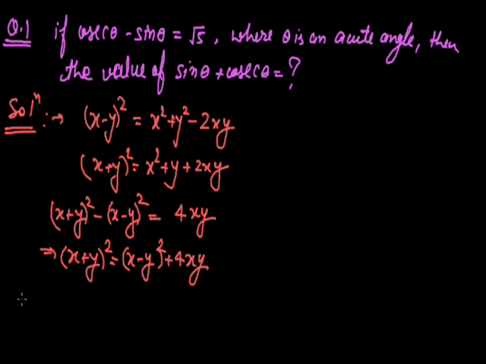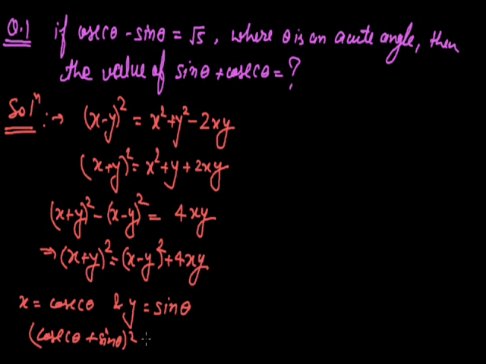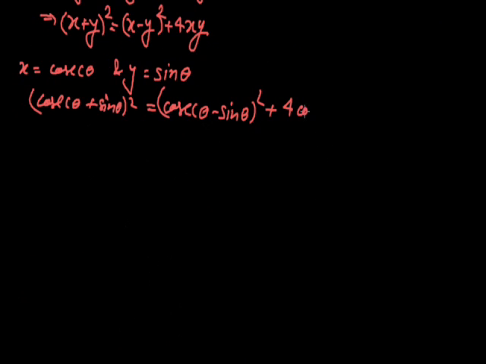Now by substituting x is equal to cosec theta and y is equal to sin theta, we have cosec theta plus sin theta whole square is equal to cosec theta minus sin theta whole square plus 4xy, that means 4 into cosec theta into sin theta.